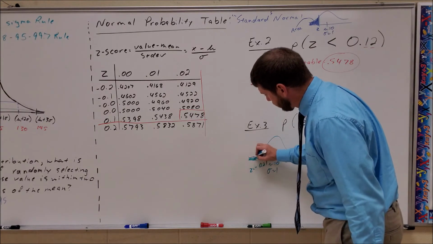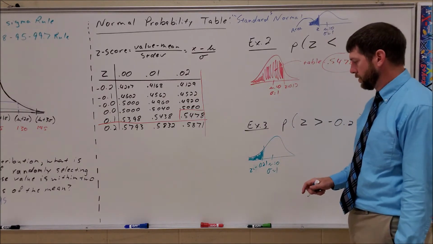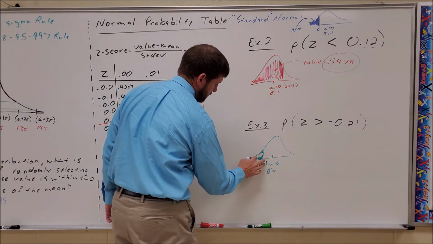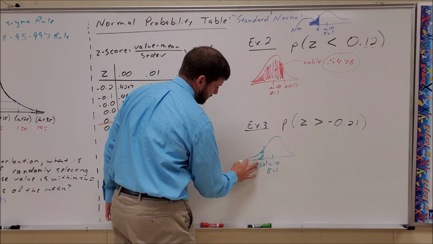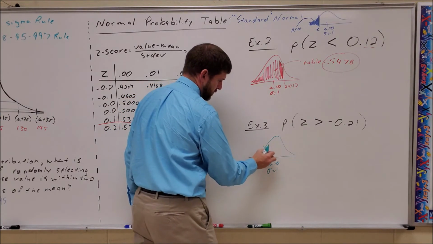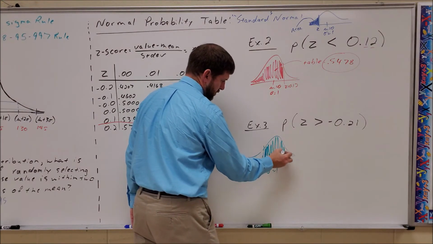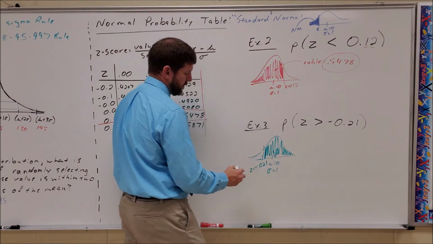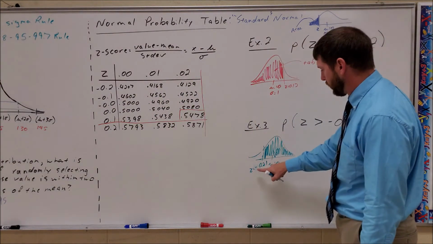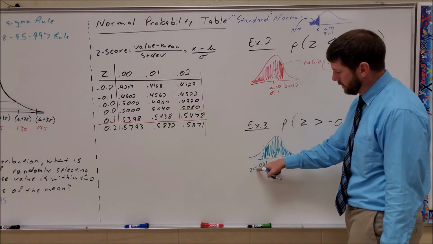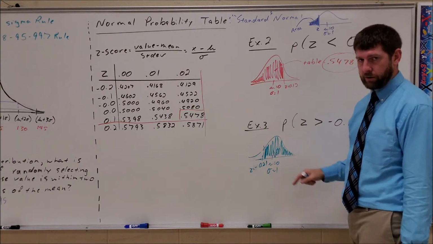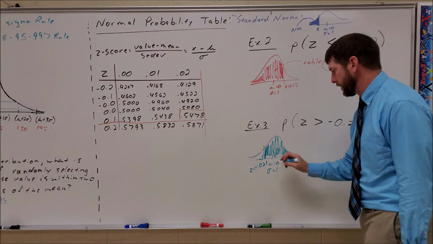So before I even look at the table, I know we want greater than. So I'm looking for all this stuff over here, right? This is greater than negative 0.21. So we know that this is going to be greater than 50%. So my answer should be greater than 50%.